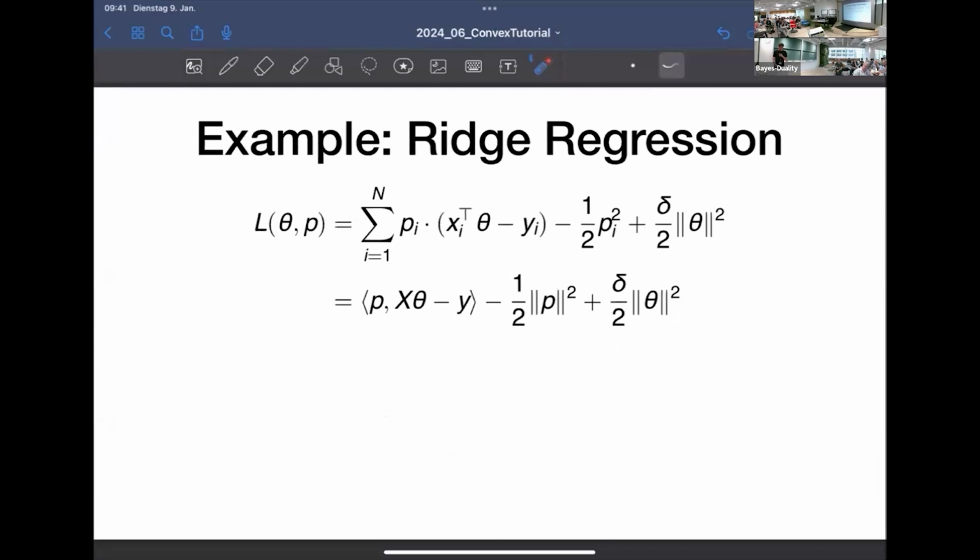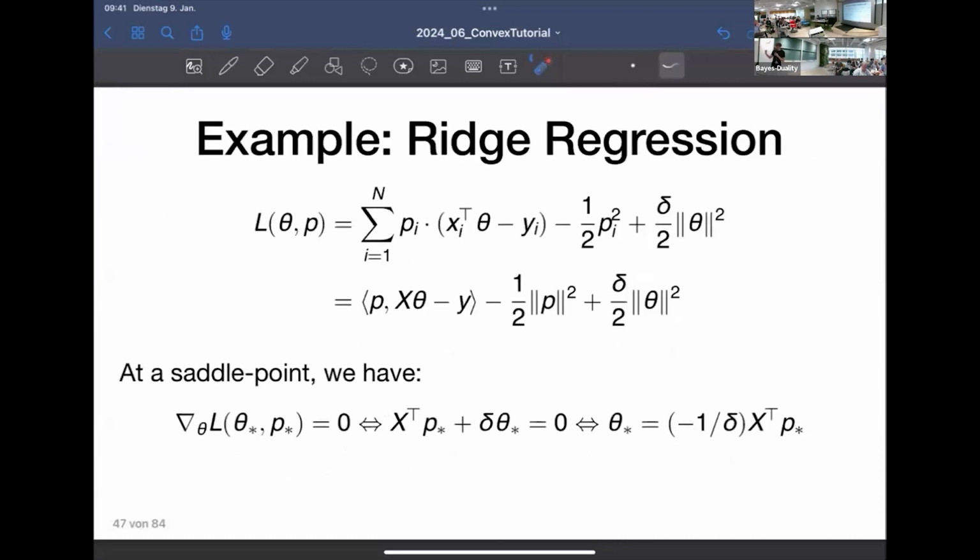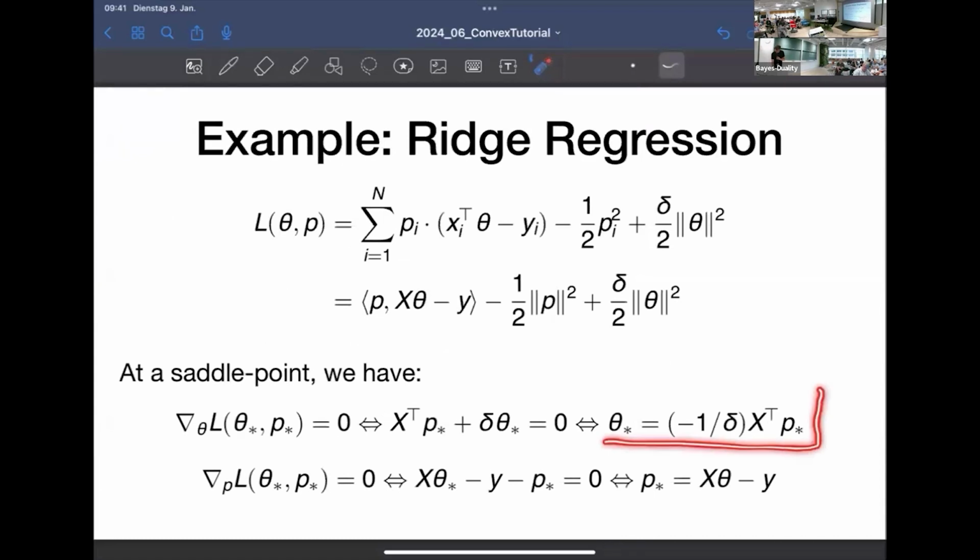And I used a bit more concise notation in the second line here. Sorry, this is a lot of details, but I just wanted to give one example very rigorously. We can see that at a saddle point, if we set both the derivatives in theta and p to 0, we get basically two conditions for our variable in theta and for our variable in p, so this should be theta star.